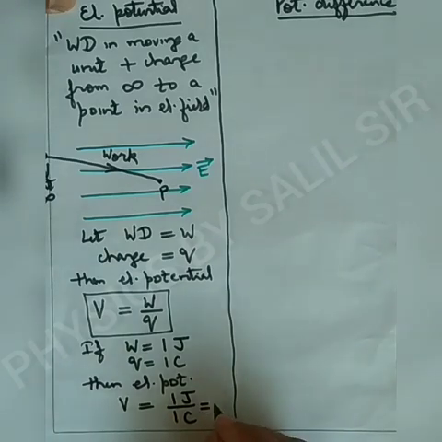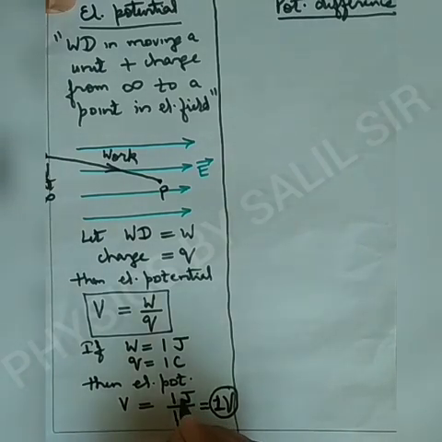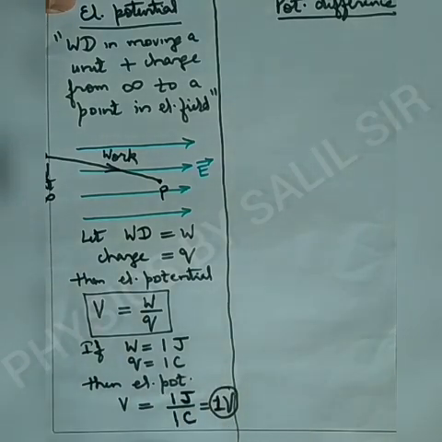So 1 joule upon 1 coulomb is 1 volt, and this is the potential.